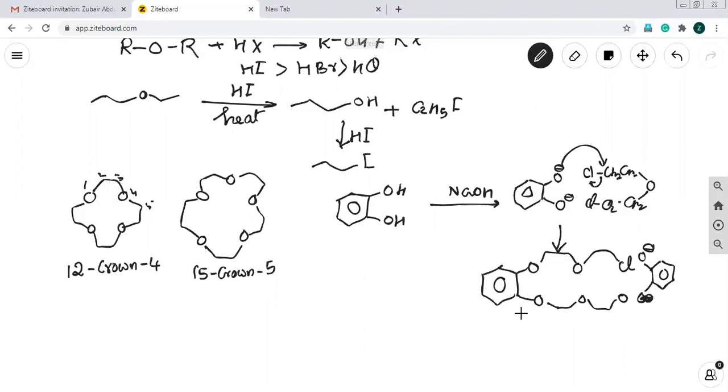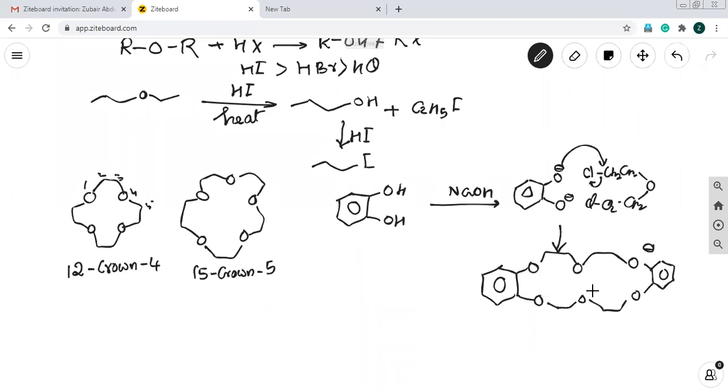So your crown ether is going to have this structure, so you are going to bind it here.